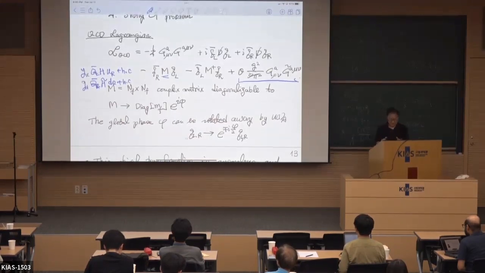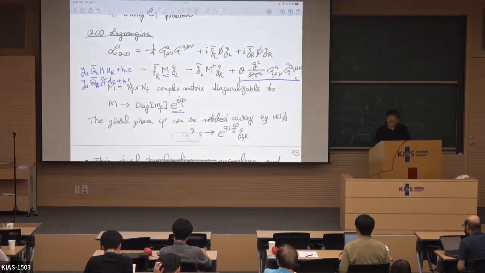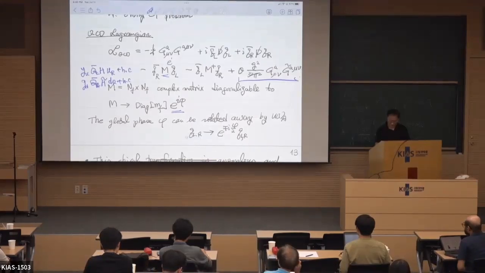In general, Y_U and Y_D are 3x3 complex matrices. After diagonalization of the quark masses, we can pick up a non-trivial phase, meaning that if this has phase i phi, this has phase minus i phi.